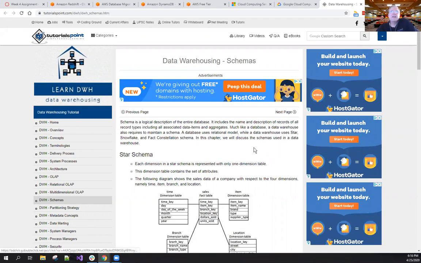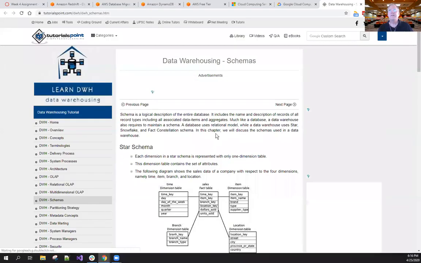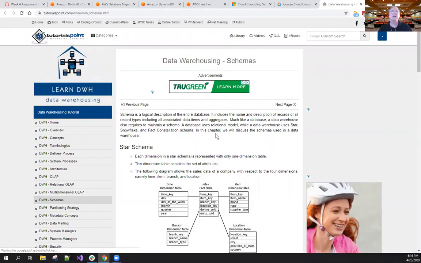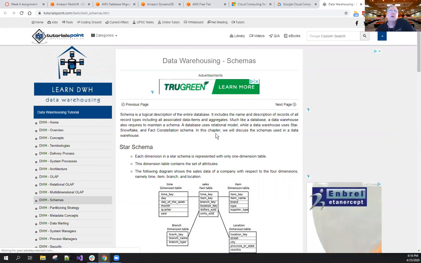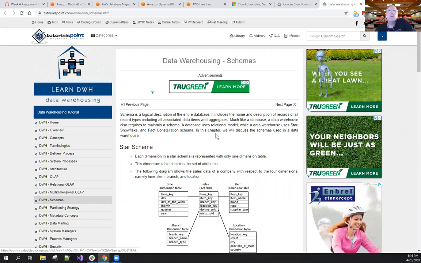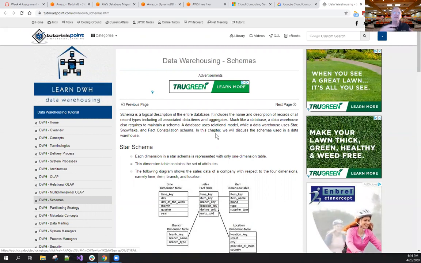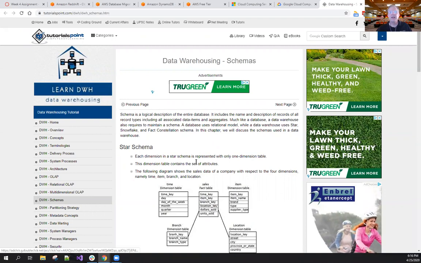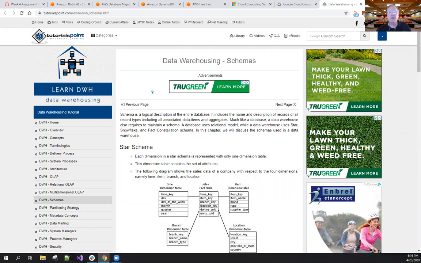You can take the data from a transactional database and bring it in using ETL. ETL stands for extract, transform, and load. So a data warehouse is populated using an ETL process, which reads data from your transactional database and then writes it into your data warehouse.